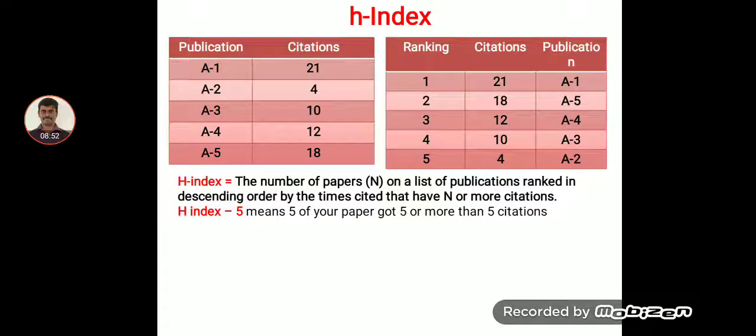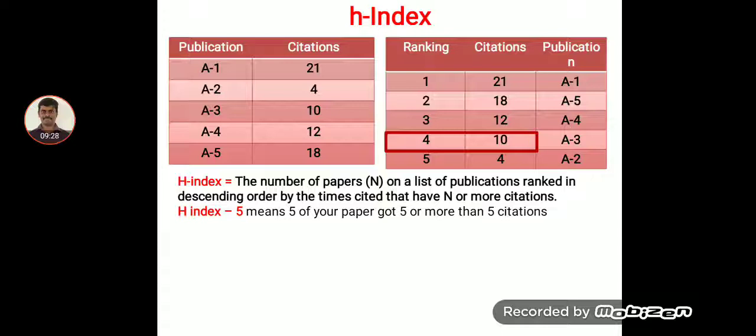And now we see the H index definition: the number of papers n on a list of papers ranked in descending order by times cited that have n or more citations. So here for this author the H index is 4. When you compare the ranking and the citations, always remember that the citation should be more than the ranking.